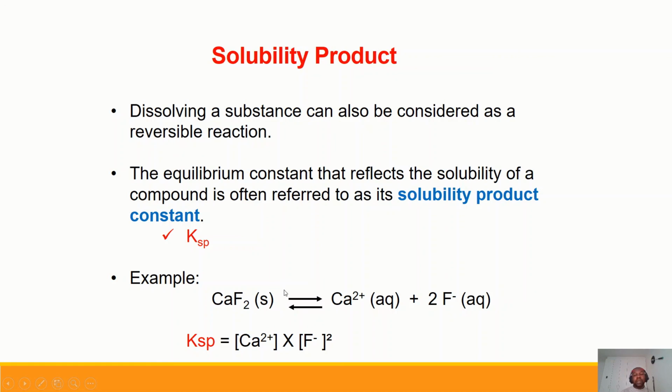Remember what we said about solids: when you're writing an expression for this constant, we're going to neglect the solid. So we have just the product, and this is going to be raised to power 2, and the other product. That's why we have the solubility product, KSP, equal to just the product of the ions, because we're going to neglect the solid.